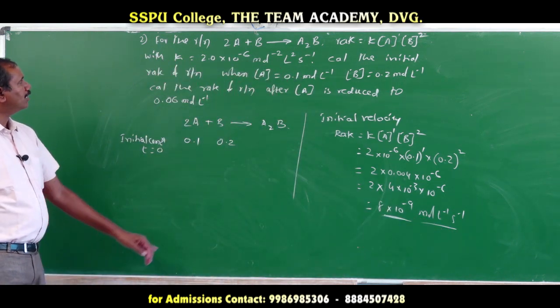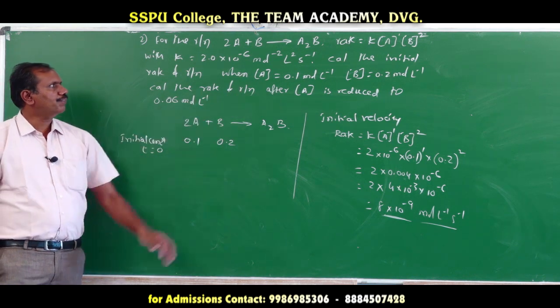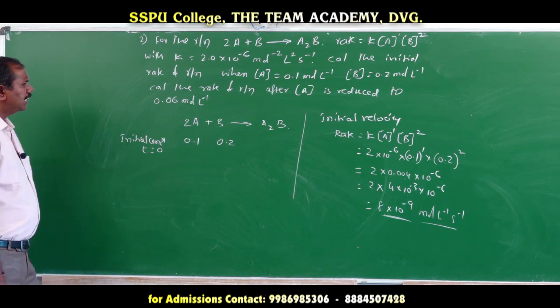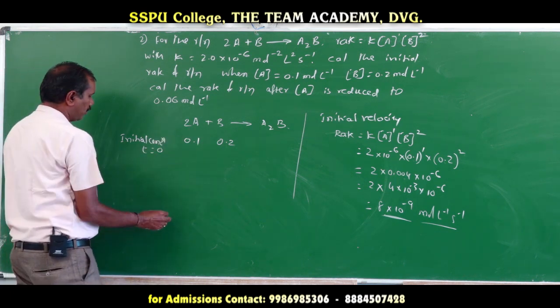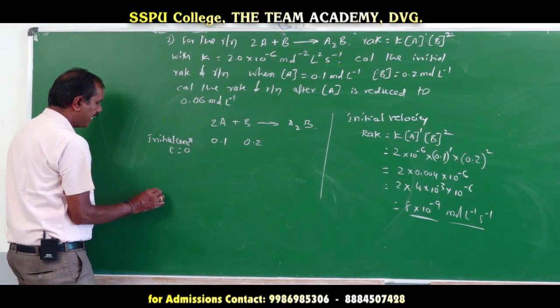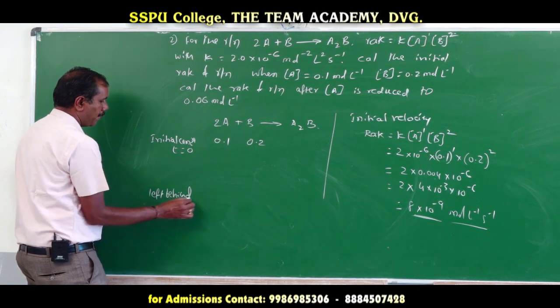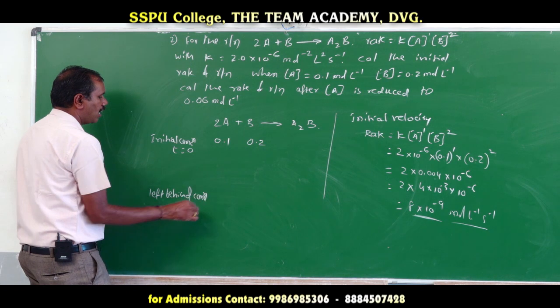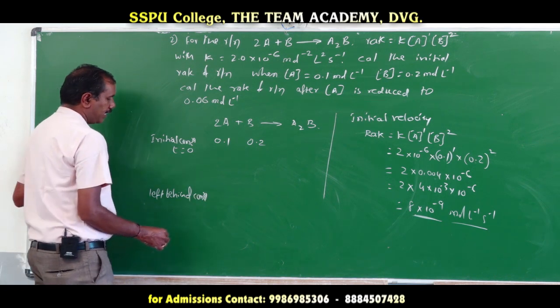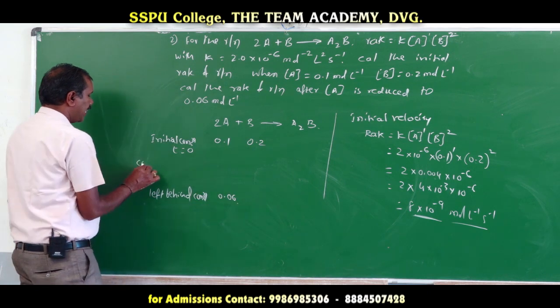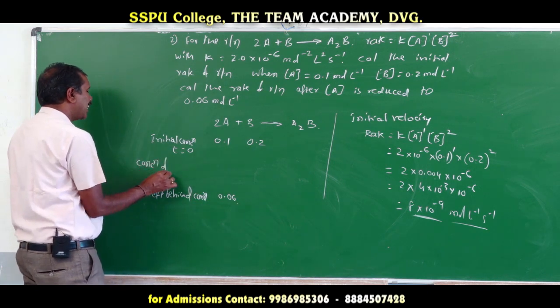Now we have to calculate the rate of reaction after A is reduced to 0.06. If A concentration is reduced to 0.06, it means the left behind concentration after a time interval is 0.06. Next, the concentration of A reacted.